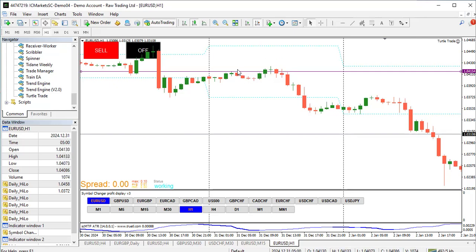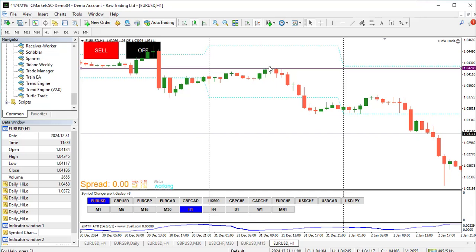So what will happen is I need to just place it on Asian high, right? And once price goes above it, the EA begins to adjust this line automatically. So once a new high is formed, so this candle now, a new high is formed, it's going to adjust this line to that place, right?